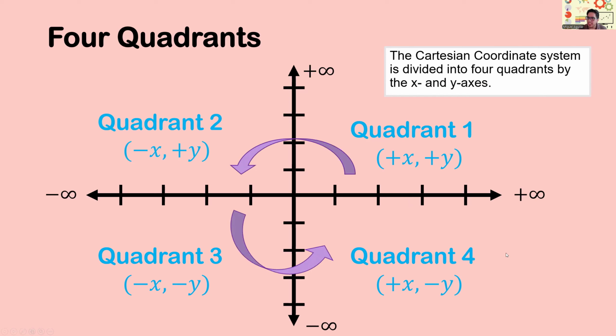Okay. And the only reason I put this slide in here is because there is maybe 1 or 2 questions in the homework that say, here's an ordered pair. Which quadrant is it in? So like if I just randomly gave you an ordered pair, like -5, -8, can you tell me what quadrant that's in? 3.